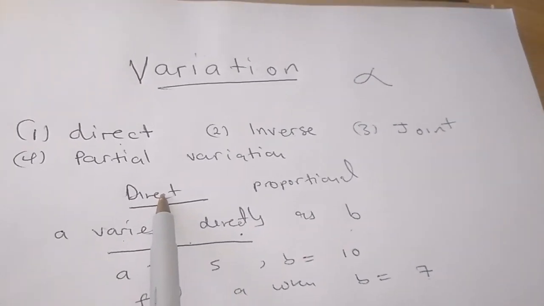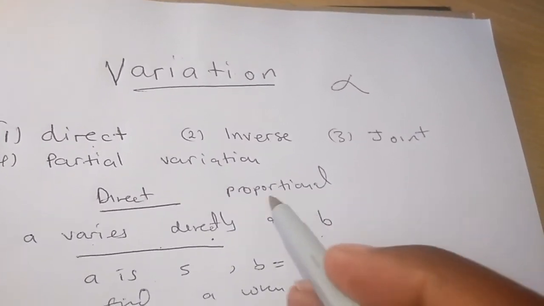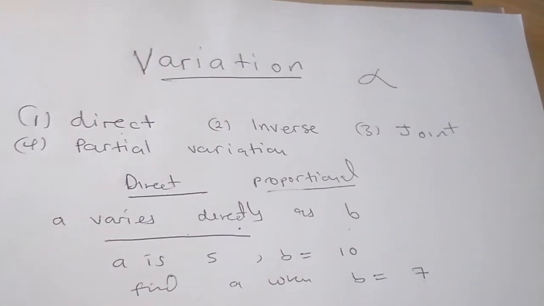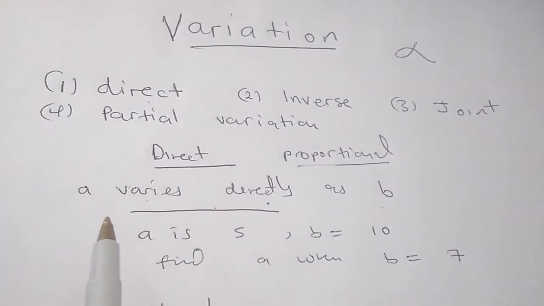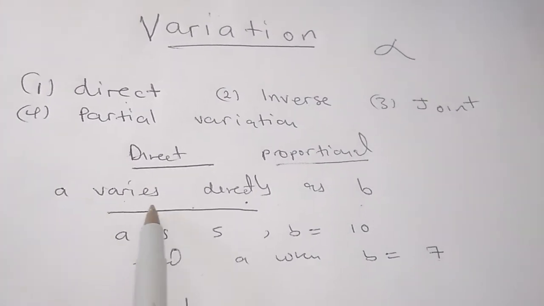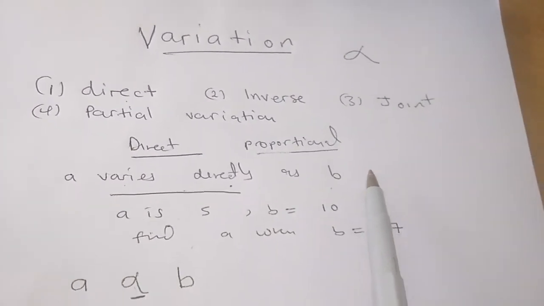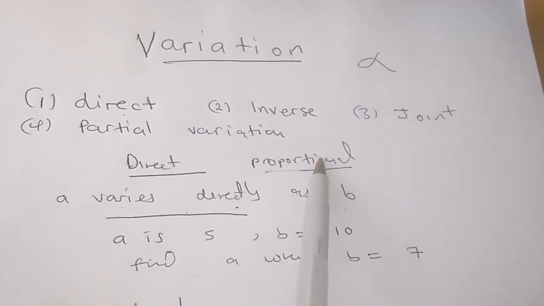Another word that can be used instead of variation is proportional, like I have it here. Direct variation questions come like this: A varies directly as B. If they don't want to say varies, they can use the word proportional.